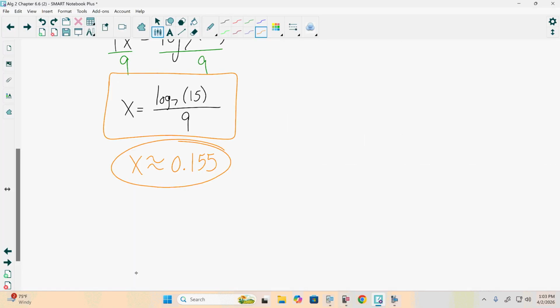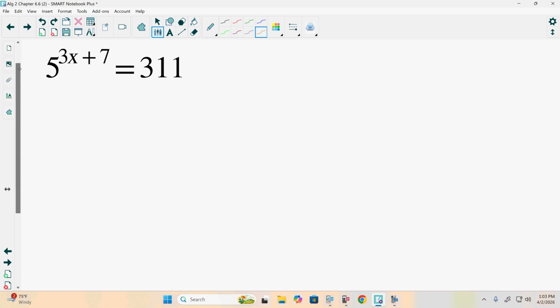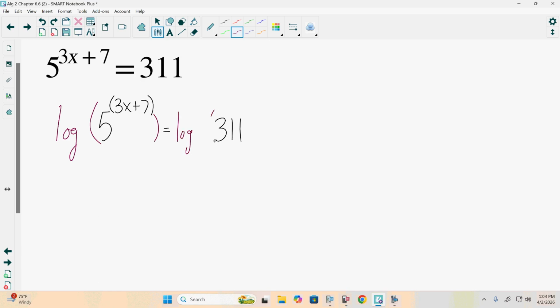Questions on this here? Do we have one term on either side? Yes, even though we have the 3x plus 7 on the right-hand side, because it is in the exponent, it is still a single term. Which means we can apply this log to both sides.